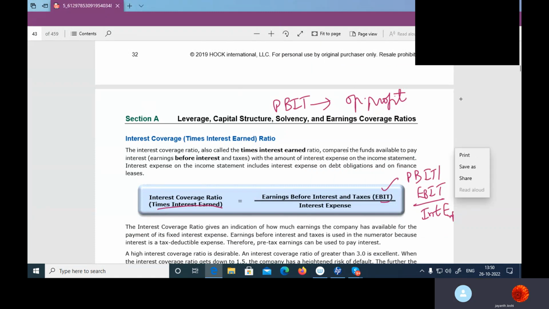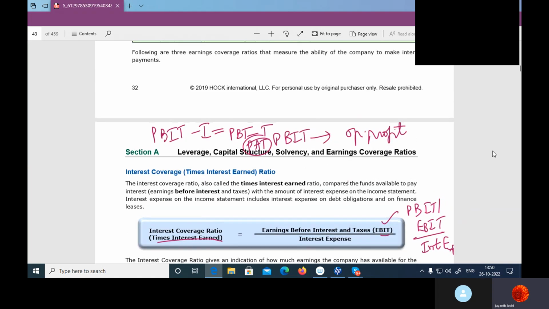When we remove interest from our operating income, PBIT minus interest, we get PBT. Then we pay taxes, we get PAT. Am I right or wrong? Yes, this was explained previously while calculating the EBIT.